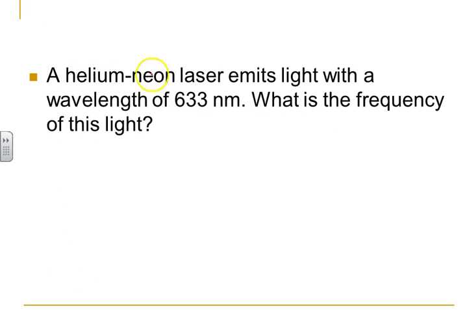Next, a helium neon laser emits light with a wavelength of 633 nanometers. So we have wavelength equal to 633 nanometers. We want to know what is the frequency of this light. Since it is light, it will travel at this speed. Before we proceed, we notice that we have nanometers here and meters here, so we need to do a conversion.